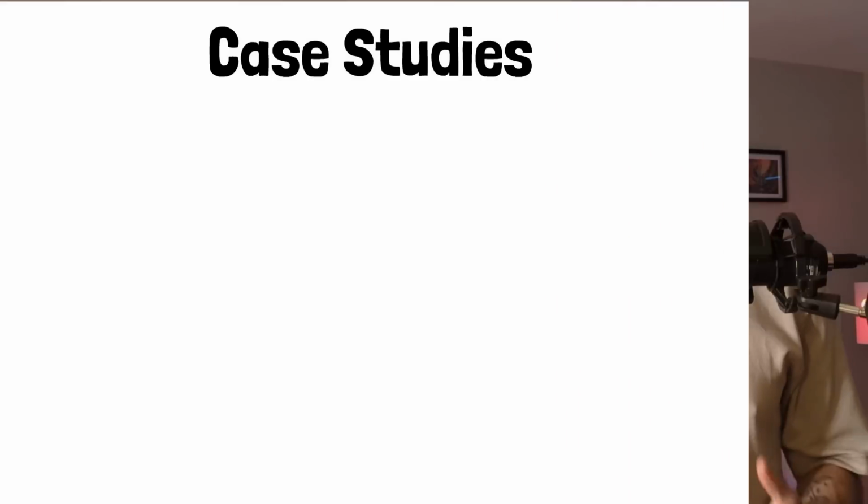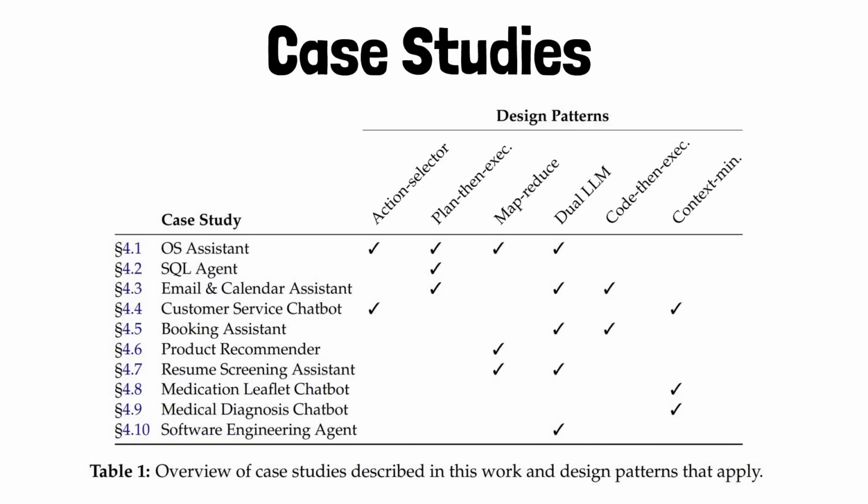The paper also includes a series of case studies that examine which design patterns apply to specific real-world agents and what the practical security and usability trade-offs look like in each case.